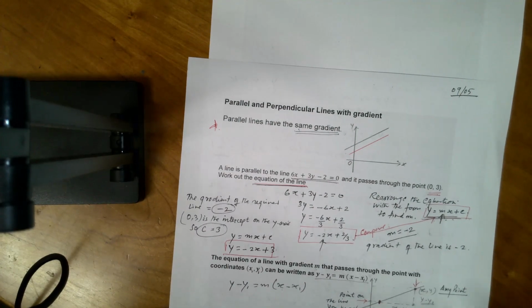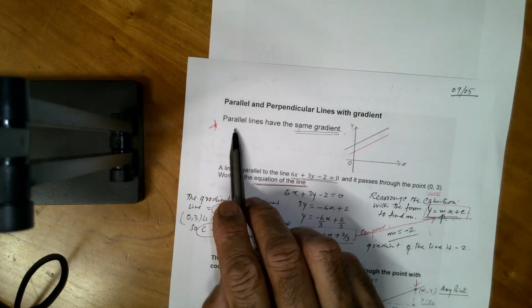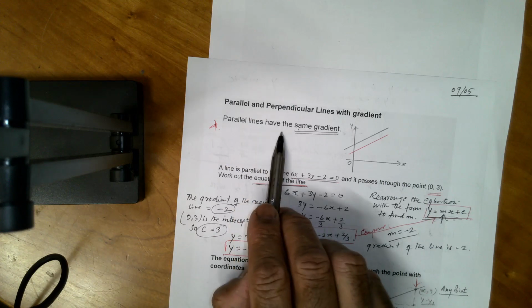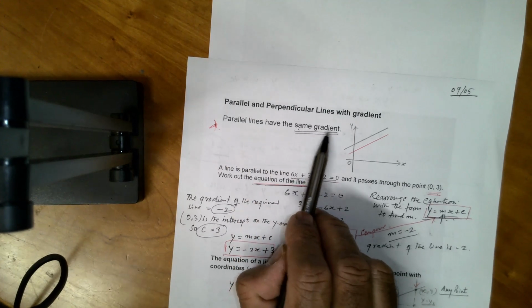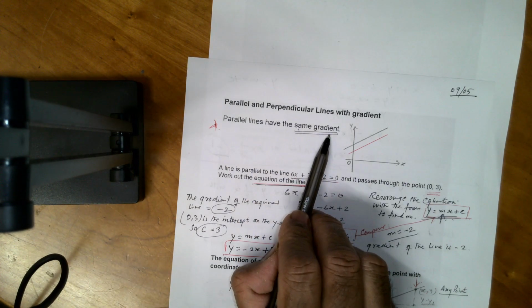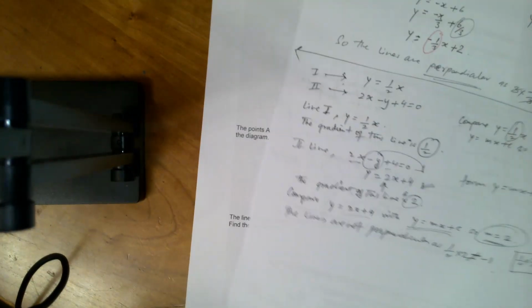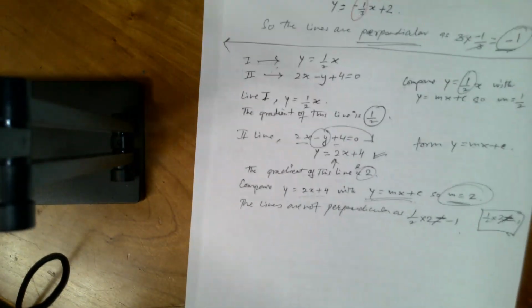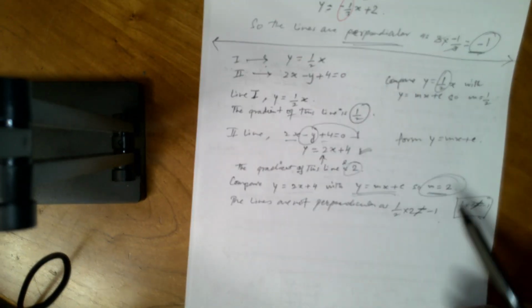Going on, what was it saying here? Parallel lines have the same gradient. Are they parallel? Let's see. Same gradient? No. One has half, another has 2.